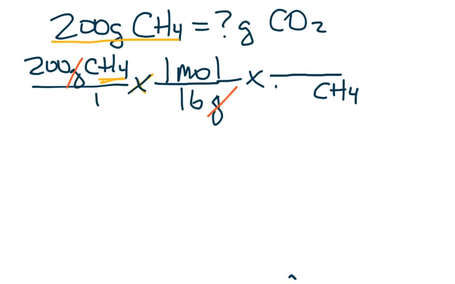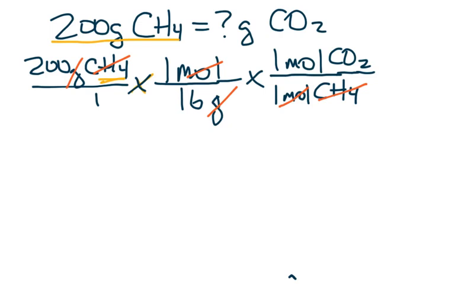So 1 mole. And there's 1 mole of CO2 on top. Okay? So now we can cancel some more things out. So moles cancels and CH4 cancels. So now we're in CO2.